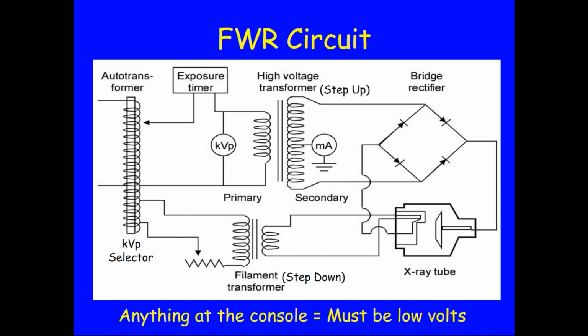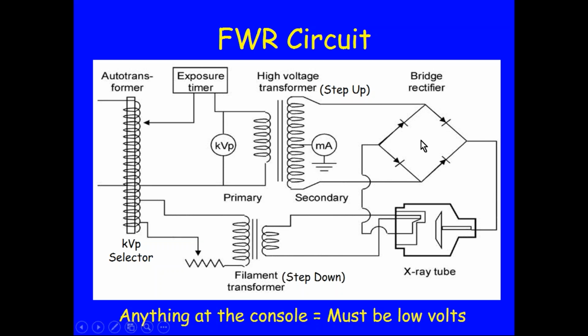Okay, nothing to particularly try to memorize here. Just want to give you a layout of a very simple full wave rectified circuit. You have the auto transformer coming from the right from the line, and you pick off a certain amount of that here, to feed into your high voltage transformer, which will then eventually, you remember you needed a rectifier. This is a rectifier bridge.